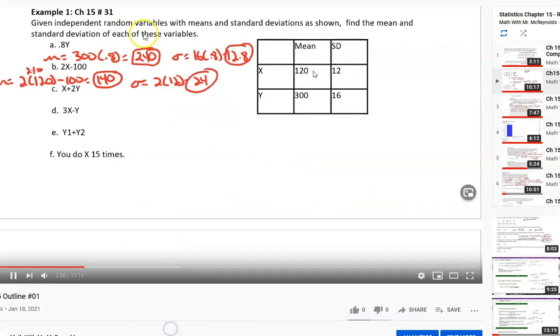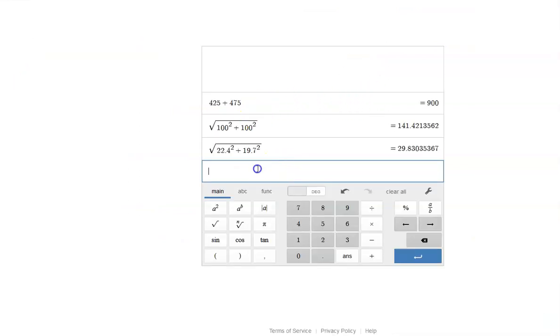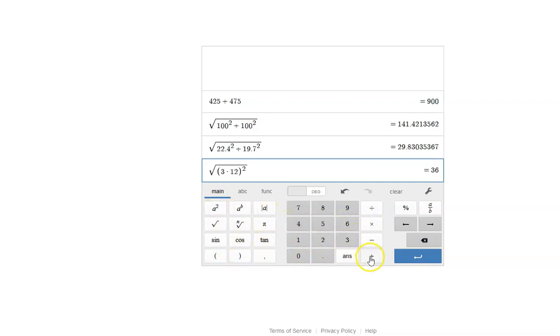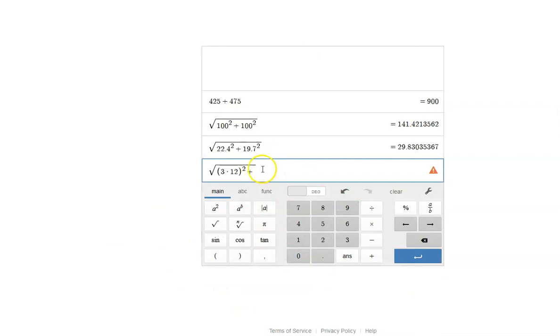So let's go to a scientific calculator here. And the square root of, and I'm going to do parentheses, 3 times 12 squared plus, and it was 16 squared, right? Yeah, 3 times 12 squared plus 16 squared.